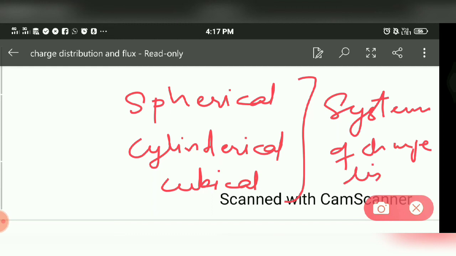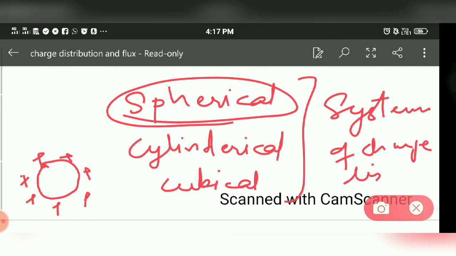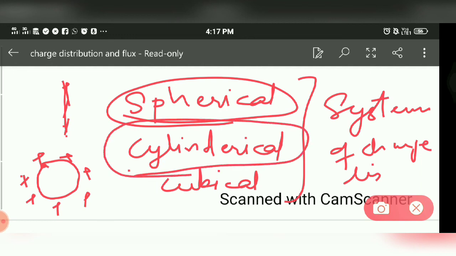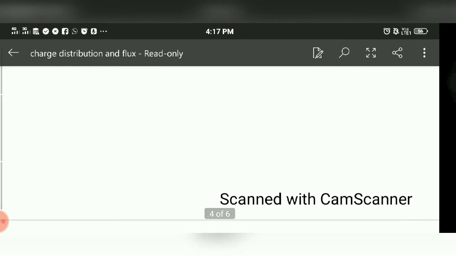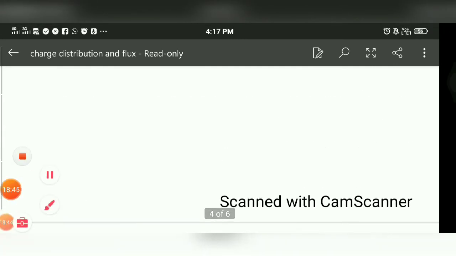Like if there is a point charge, or a charge is distributed over the surface of a sphere, in that case the Gaussian surface must be spherical. If there is a line on which positive charge is distributed everywhere and we have to find the field, in that case it is cylindrical. If a plane sheet is there, even in that case it is to be cylindrical.